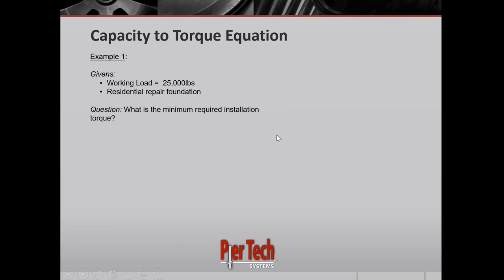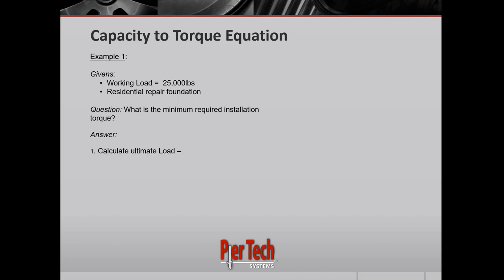What we want you to determine is the minimum required installation torque. I'm going to go through the step-by-step process, and this will be the same regardless of if you're doing a residential repair or a commercial construction.